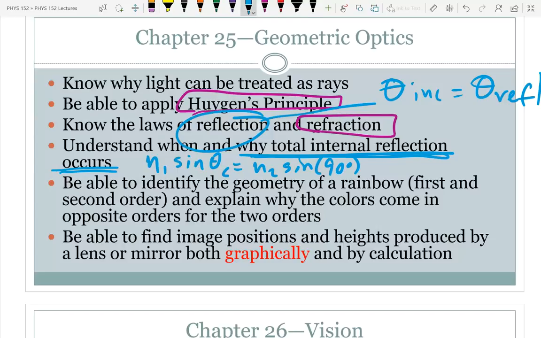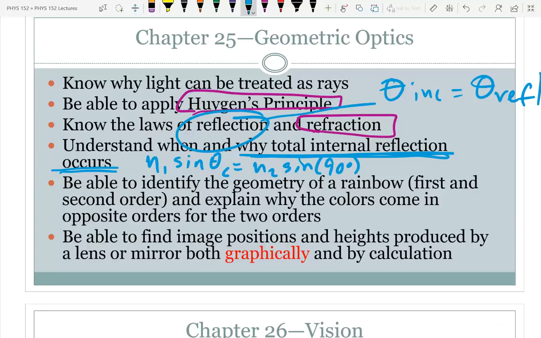We just put in 90 degrees for the refracted angle and theta critical for the incident angle. Now notice you can only have total internal reflection if you're going from a slower into a faster medium. If you're going from a faster into a slower medium, it always refracts toward the normal. That's never going to be a problem. It's only when it's refracting away from normal that you have that problem.